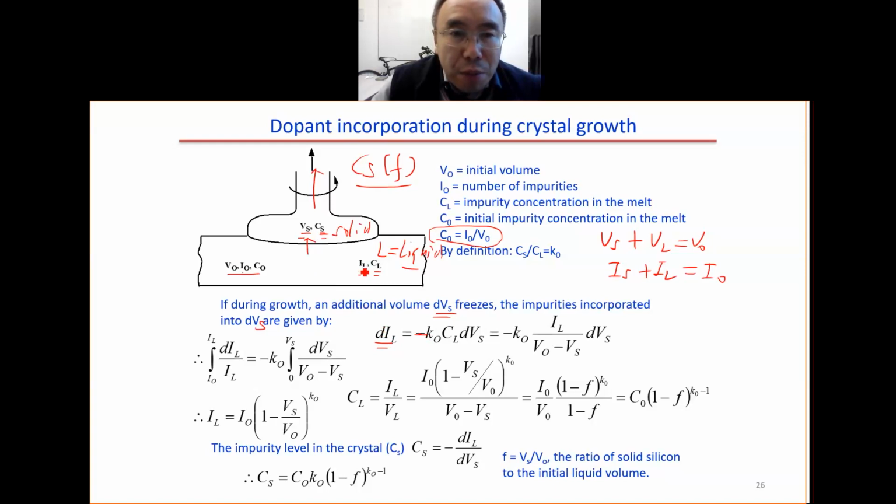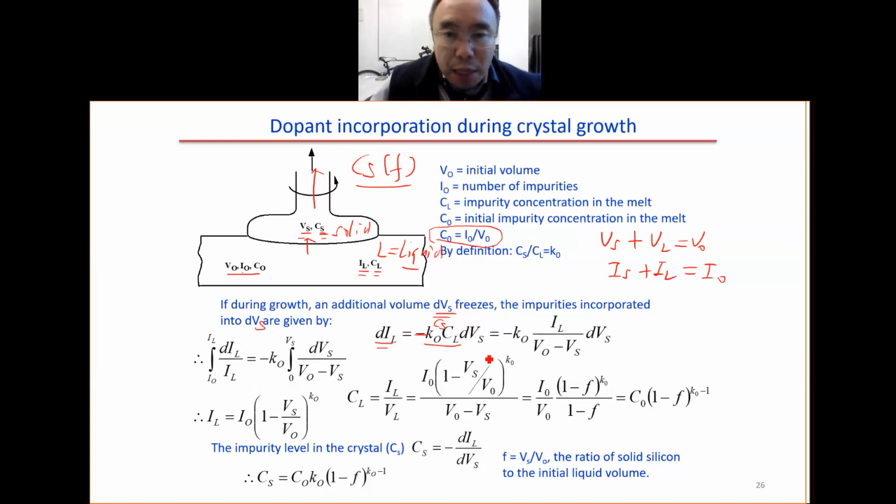The IL becomes smaller and smaller, so we have the minus sign. Now K naught CL is the CS, so CS times dVs, with the minus sign. We know that CS is given by K0 CL, so we have this formula here.